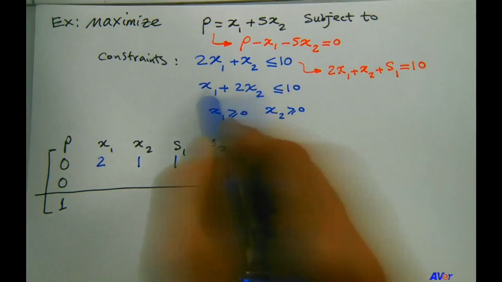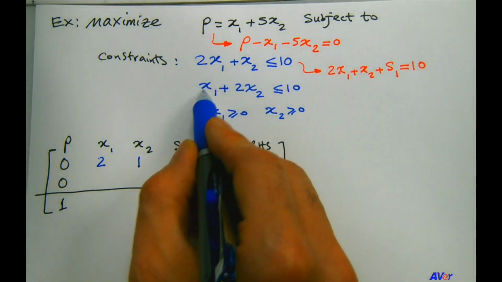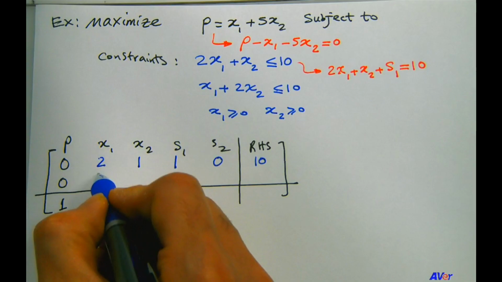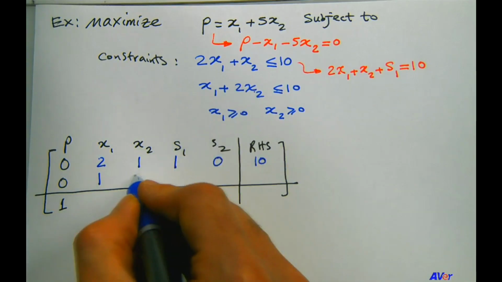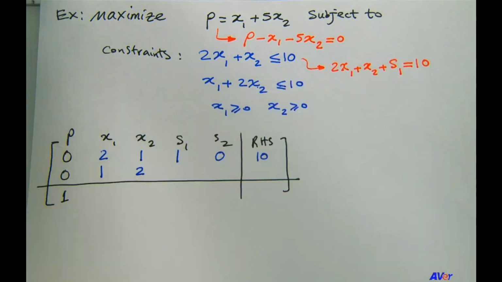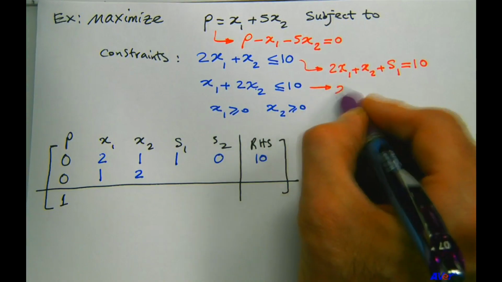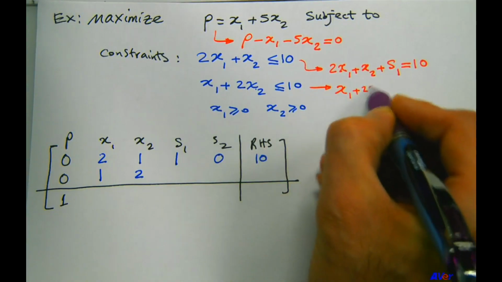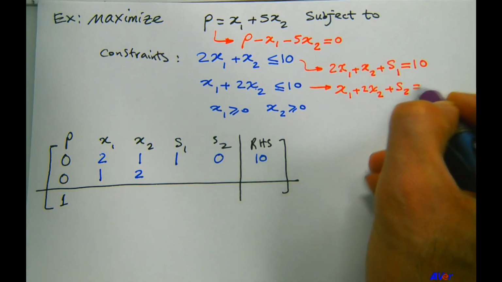Now from the second constraint inequality, the coefficients are 1 for x1. Right underneath x1, we have 1. For x2, it's 2. That's underneath x2. And we have to convert this to an equality, so that will be x1 plus 2x2 plus s2 equals 10, right?